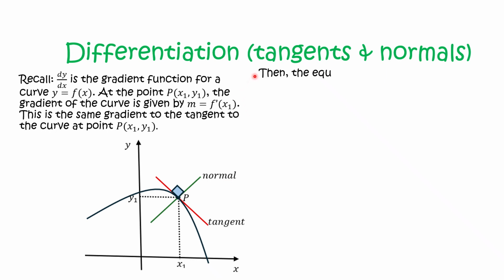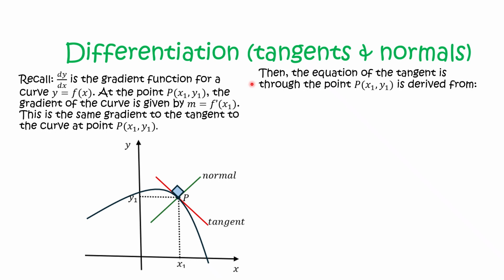Then of course, the equation of the tangent that is through the point P(x1, y1) is derived from this. We know that (y minus y1) over (x minus x1) is equal to m, which is the gradient of a line. So we can go on to clear the fraction by multiplying by (x minus x1), so that we get y minus y1 is equal to m times (x minus x1).